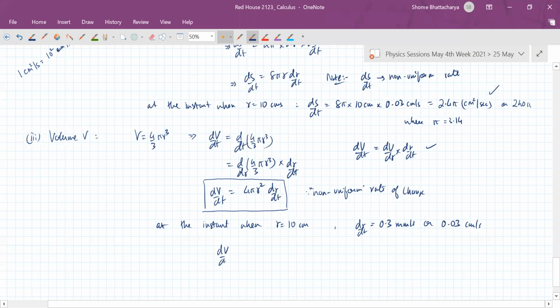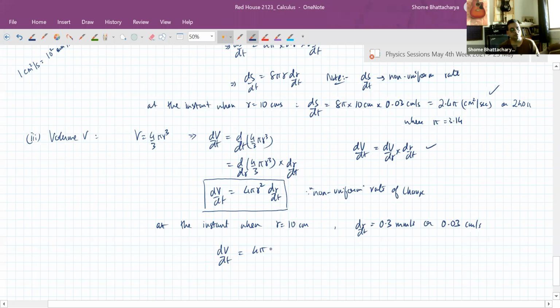So this will become 4 pi into 10 square into 0.03 in centimeter cube per second.